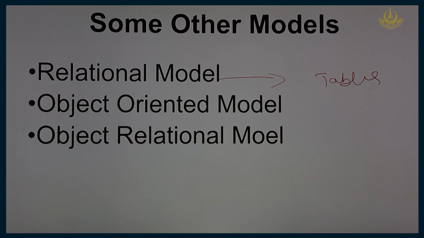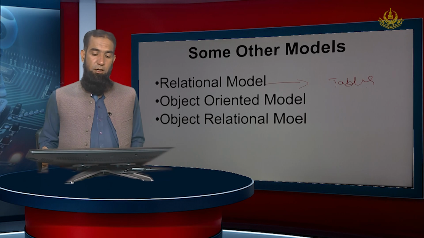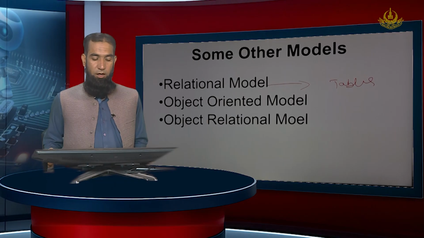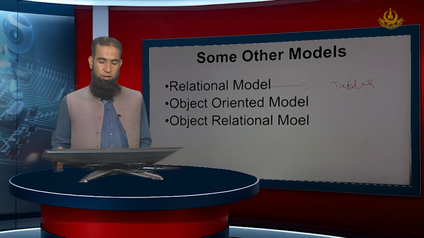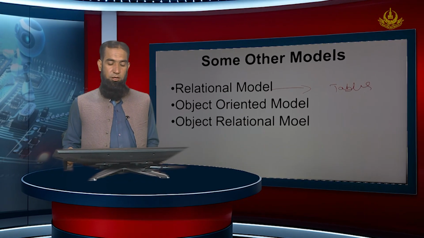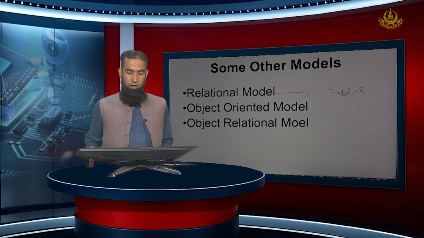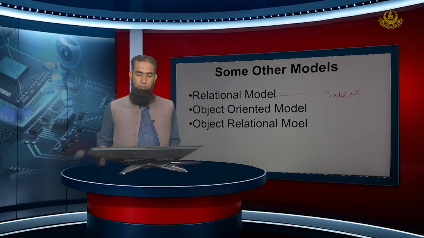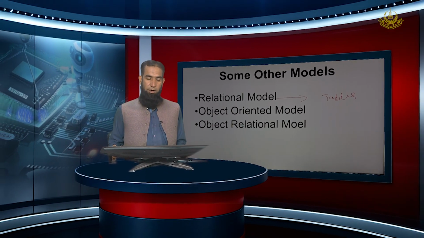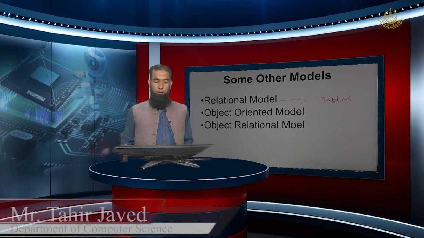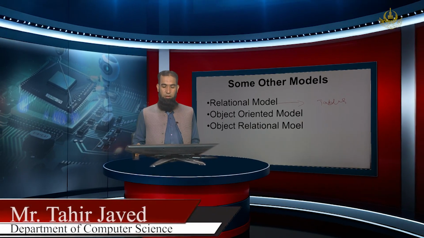In object oriented models, we can use different object orientation properties like inheritance and encapsulation in database concepts. The most recently invented and used model is the object relational model. In the object relational model, we combine the properties of the relational model and the object oriented model. We will discuss all these models in the next chapters.